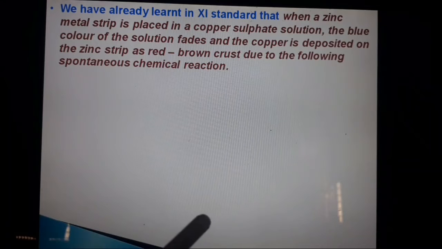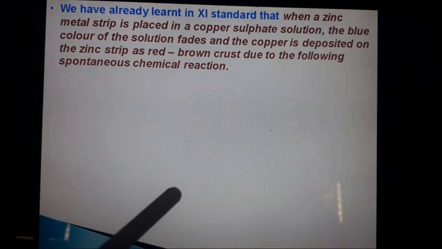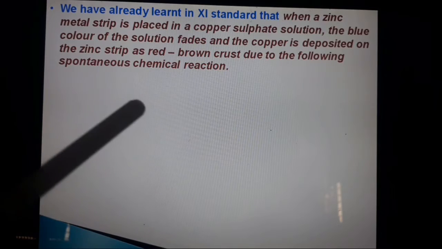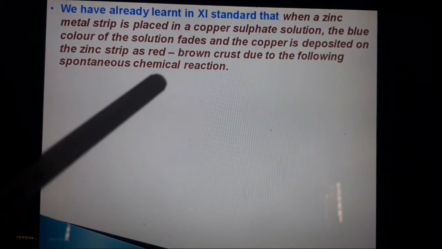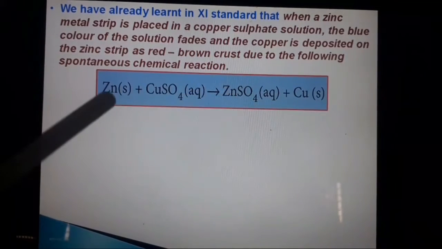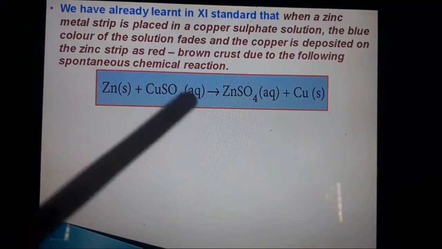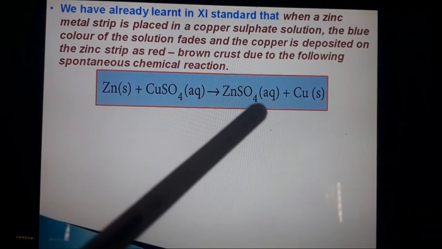In 10th standard also, the zinc strip is dipped in the copper sulfate solution. Copper sulfate solution means blue color solution. The copper ions are deposited on the strip. It takes a color change, a red brown crust, due to the following spontaneous reaction. What is the reaction? Zinc metal plus copper sulfate solution gives zinc sulfate and copper.